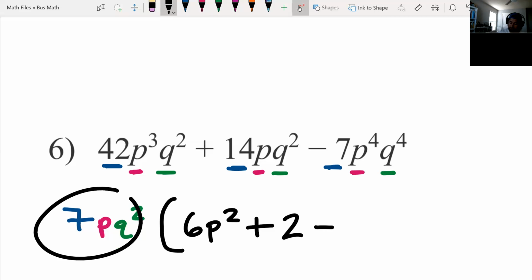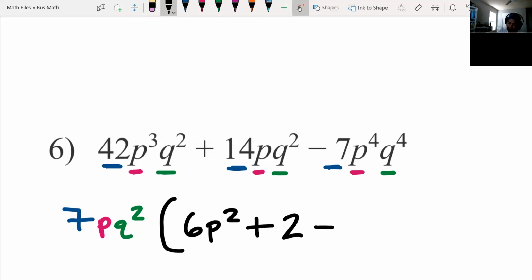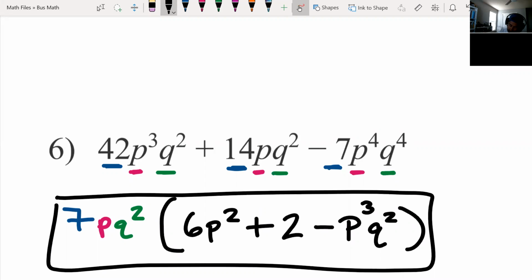Minus, now take that from 7p to the 4th q to the 4th, and what are we left with? Well, the 7s will cancel, right? Because we're taking 7 from 7. But p from p to the 4th is p cubed, and then q squared. There we go. Negative 7.